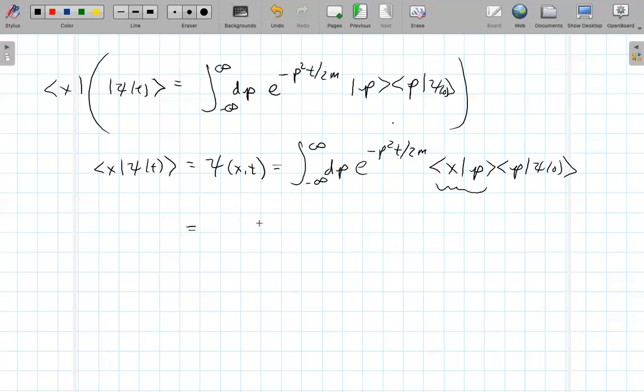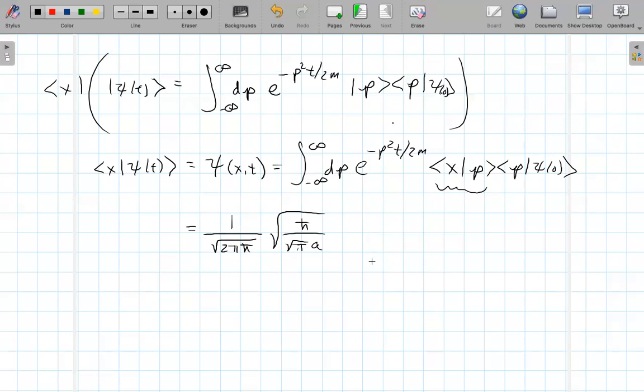So this is going to be equal to, so this comes with a, what does it come with? It comes with a 1 over the square root of 2 pi h bar. This one comes with a square root of h bar divided by the square root of pi times a, the a on the bottom.